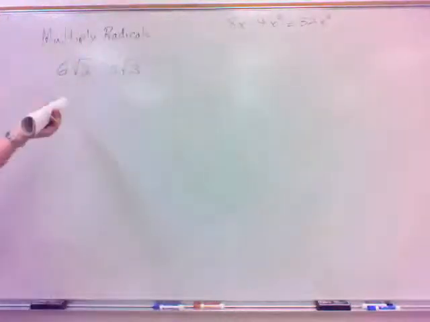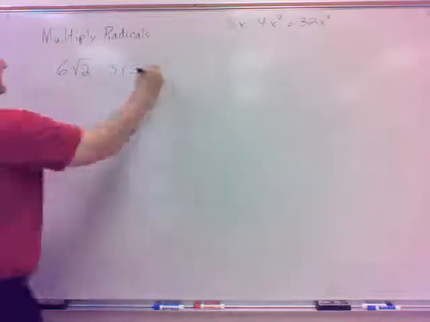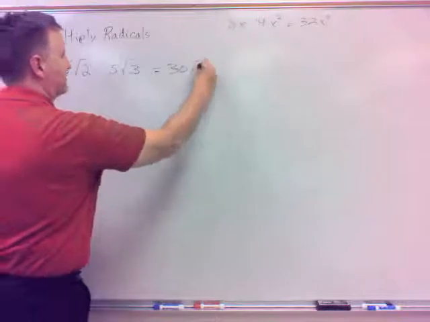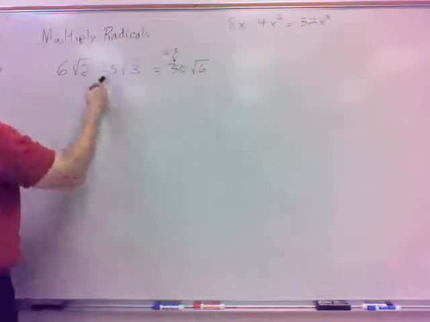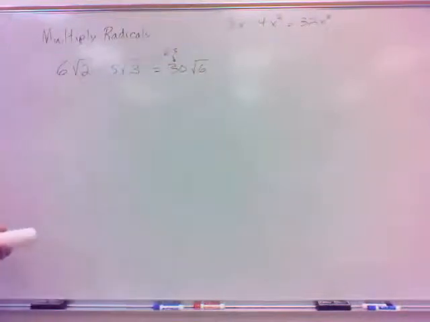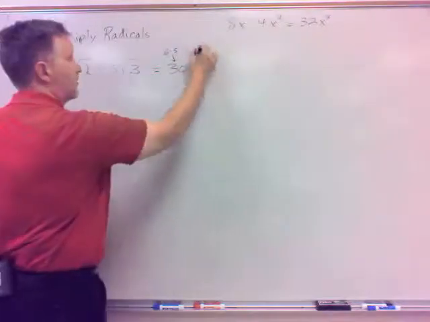So, guess what I get when I multiply 6 square root of 2 times 5 square root of 3? 30 square root of 6, yes. 6 times 5, I multiply it because it's outside the square root. And then I multiply the square root parts.